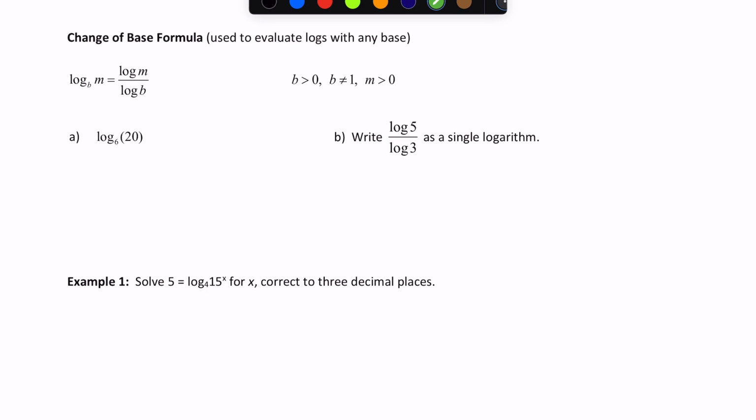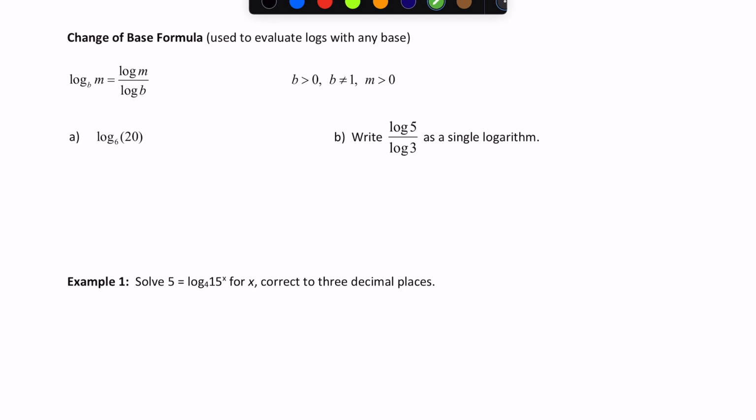Okay, another thing that we looked at in terms of log laws is the change of base formula. Again, this is used to evaluate logs with any base. So if the bases are different and you want to make them the same, you use the change of base formula. Log base b of m is equal to log m over log b.